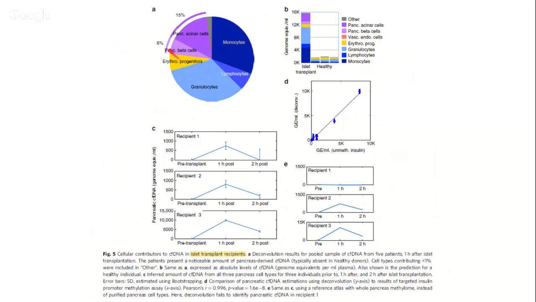And as you can see here, there's a bunch of pancreatic DNA that comes from pancreatic cells that is now in the bloodstream. And that's not normal. That's not what happens in the healthy individuals. And as we saw in the previous slide, but you can see it very clearly. There's a lot of evidence of it in these people that have undergone a transplant.